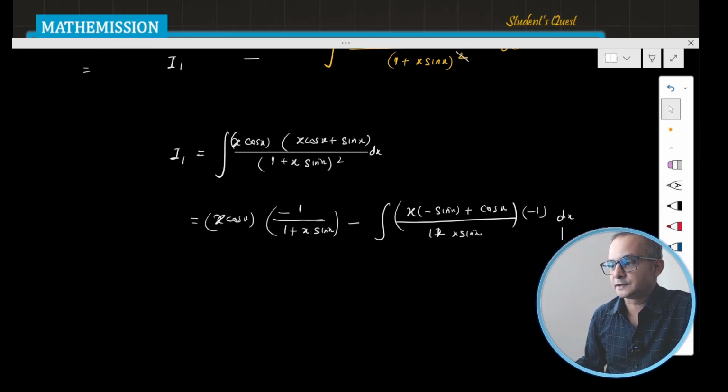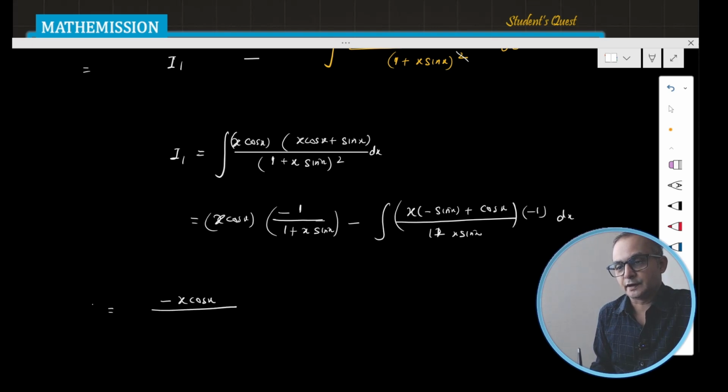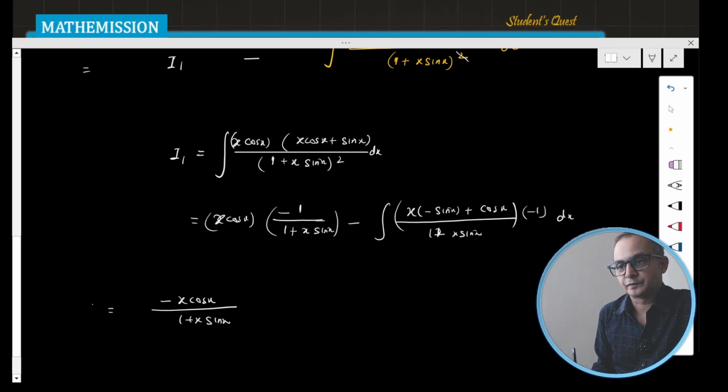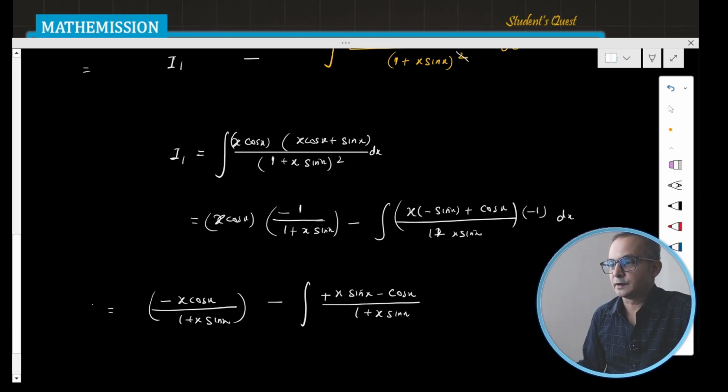The integration I1 is minus x cos x divided by 1 plus x sin x, and these two I'm collecting, so the minus sign is common, and then I will get plus x sin x minus cos x divided by 1 plus x sin x, because this minus will be multiplied to that.